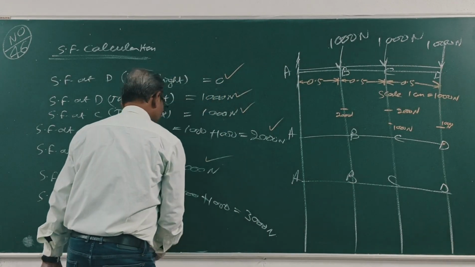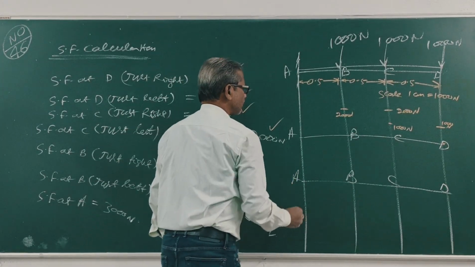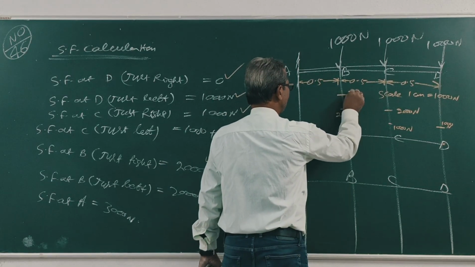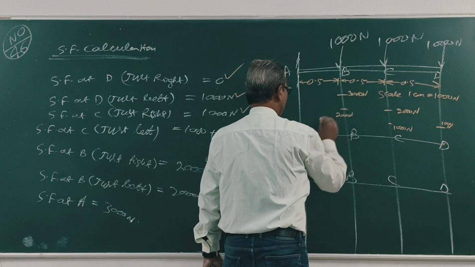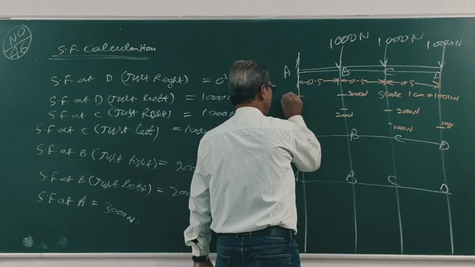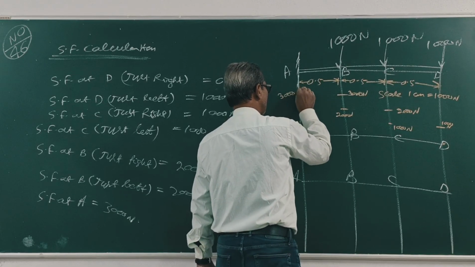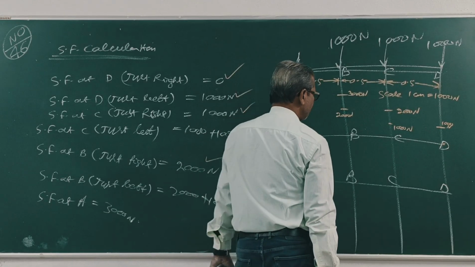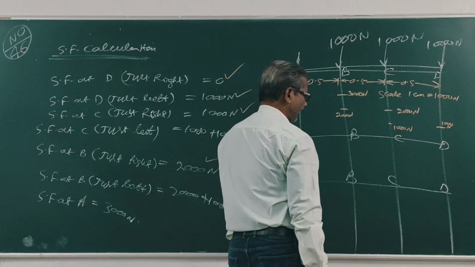B just left 3000 Newton. A just left 3000 Newton. Clear? So draw the diagram.